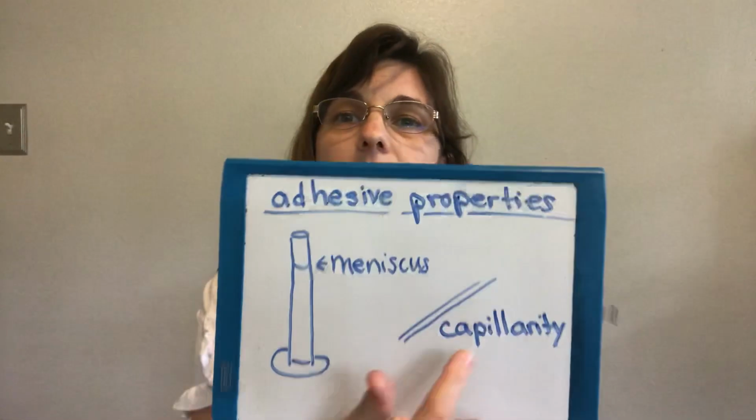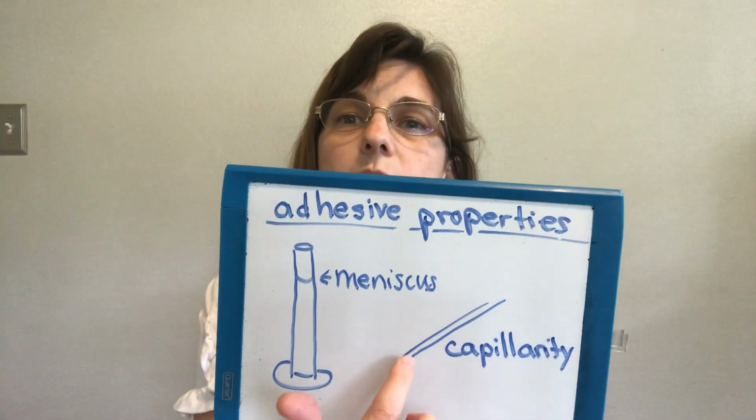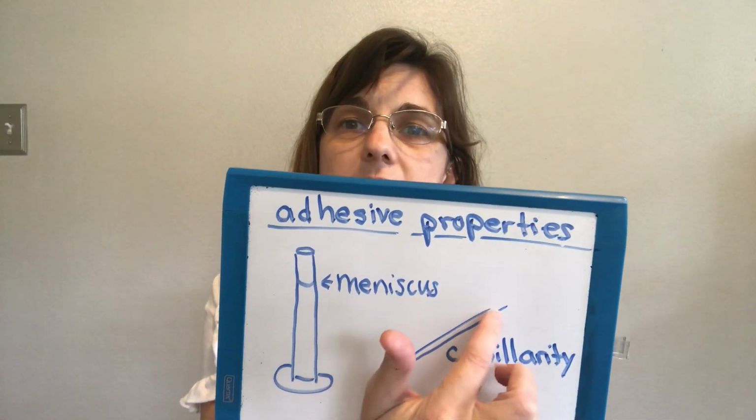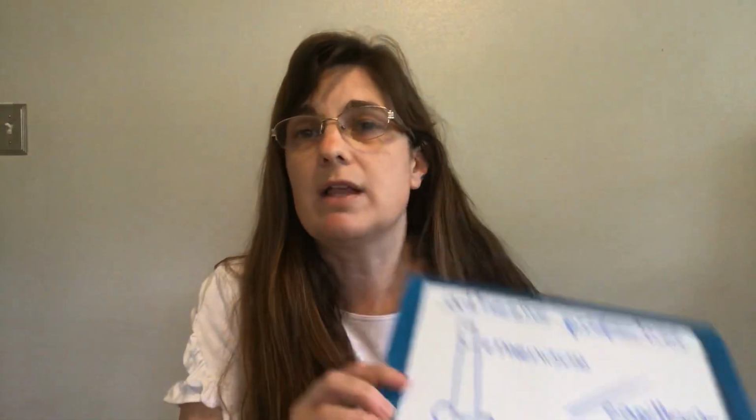And you'll see water do this more so with certain materials. Water loves to adhere to glass. Some plastics will also cause water to creep up on it. And so I mentioned meniscus. We also want to talk about capillarity. If you have a really thin tube, water will get sucked up in it because water keeps being attracted to the sides of the tube. This works really well in a glass tube.